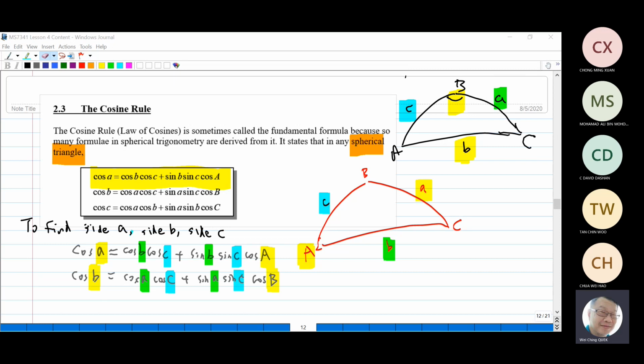Again, there is no mention of 90 degrees, so you can apply this cosine rule even if the triangle has a 90 degree angle. Just one angle is 90 degrees, right? So this is actually the right here.